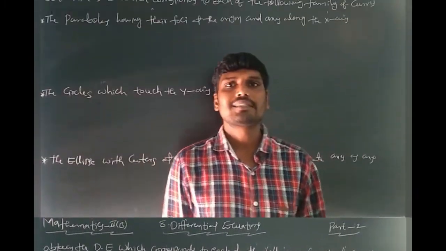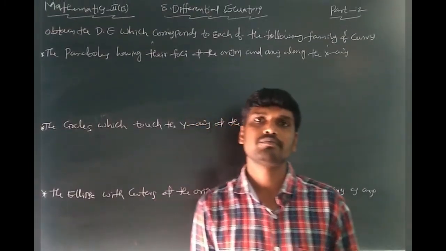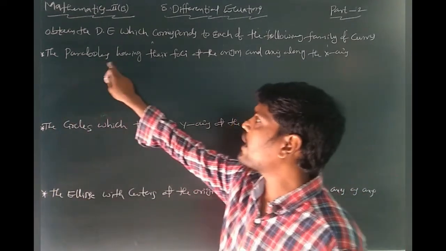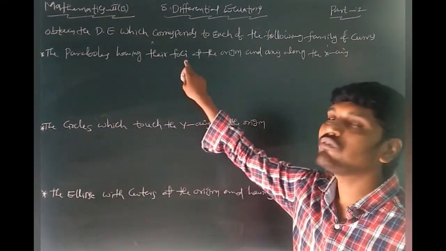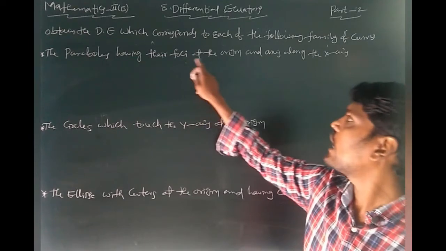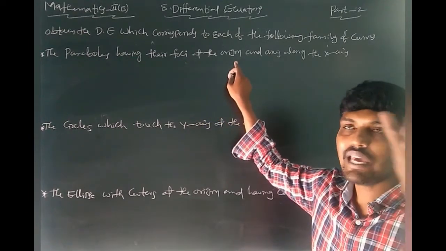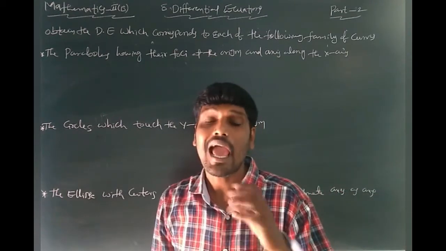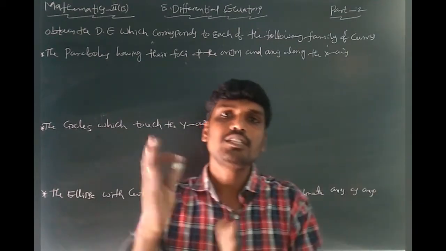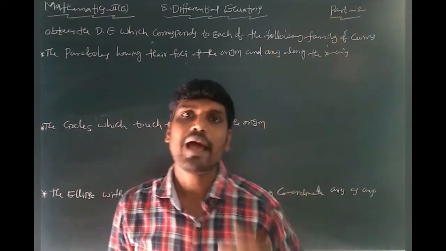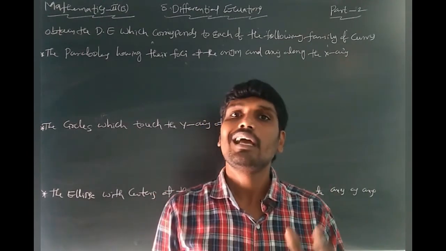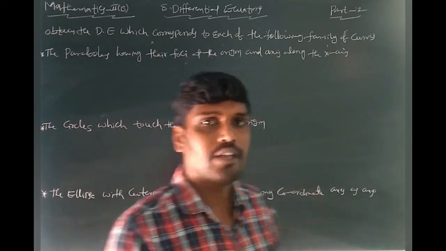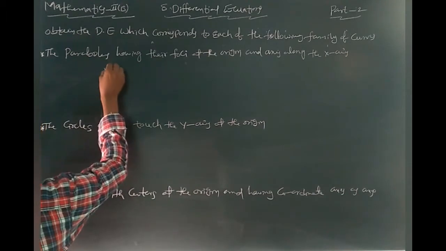Next, today's assignment problems are homework problems. First problem: the parabolas having their foci at the origin and axis along the x-axis. This model problem comes from the parabola chapter, explained briefly. First you can write the formula directly.